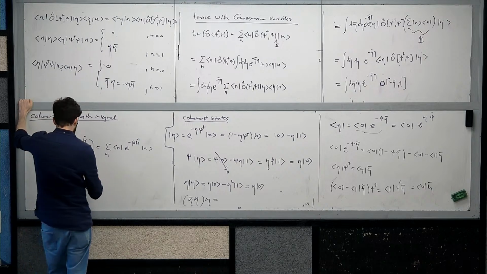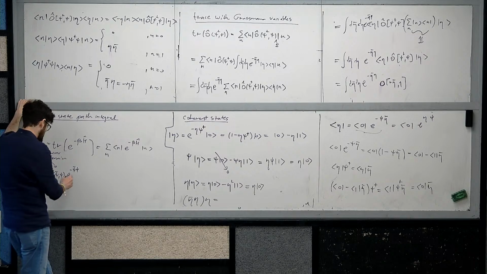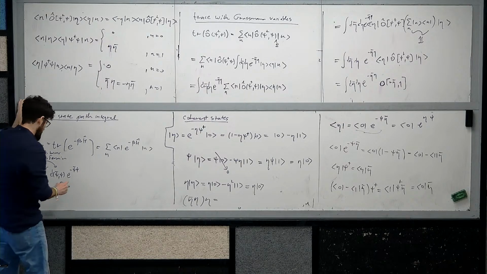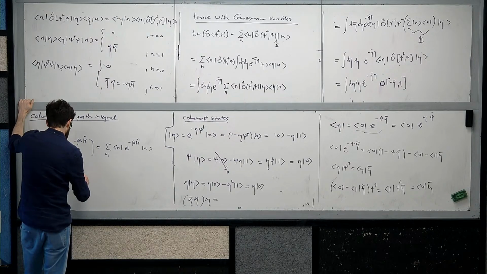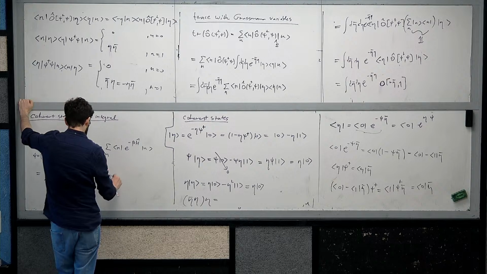Then we have zeta psi, sorry, e to the minus psi bar psi, which for the bosons, the bar would be complex conjugation. Zeta psi e to the minus beta h psi.